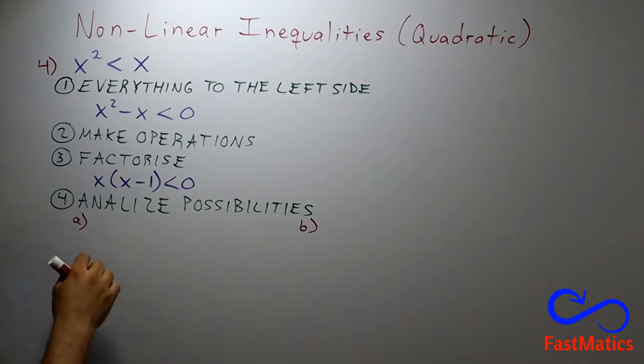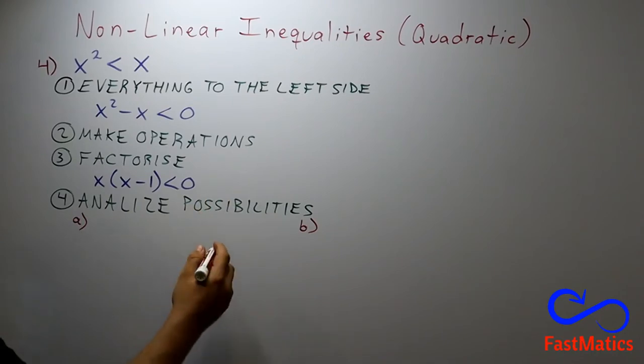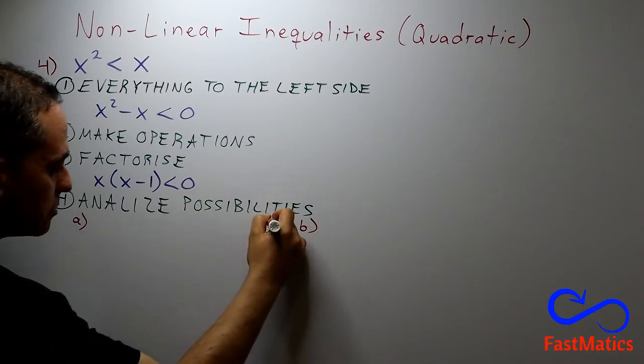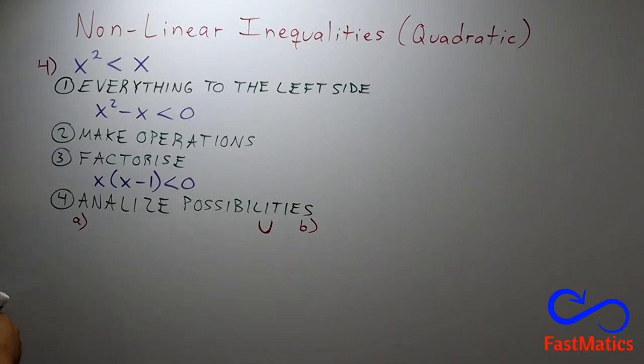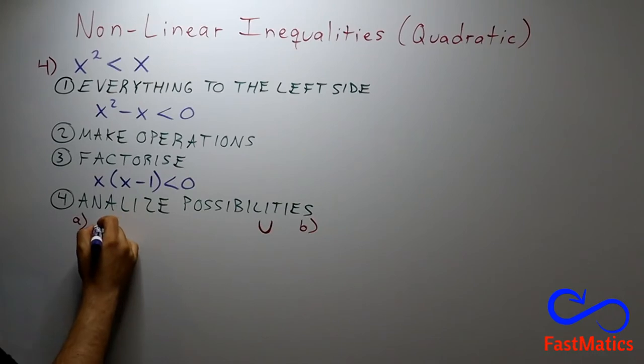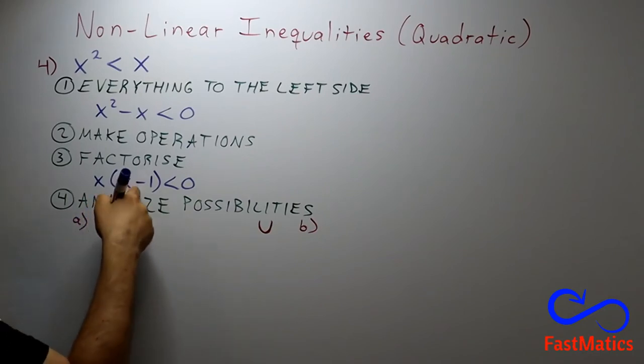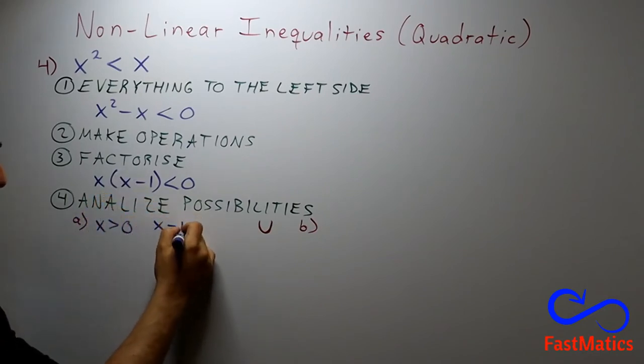And when in math you need something or another thing, you are going to make the union of the answers. So you need that this will be positive and at the same time this negative.